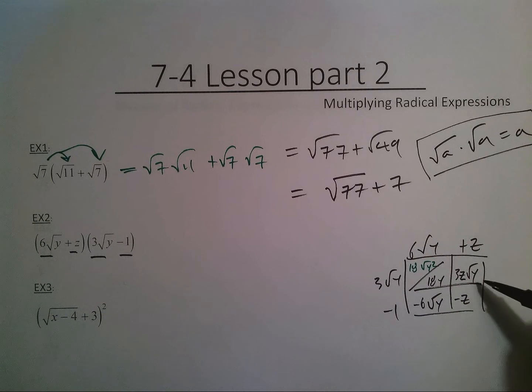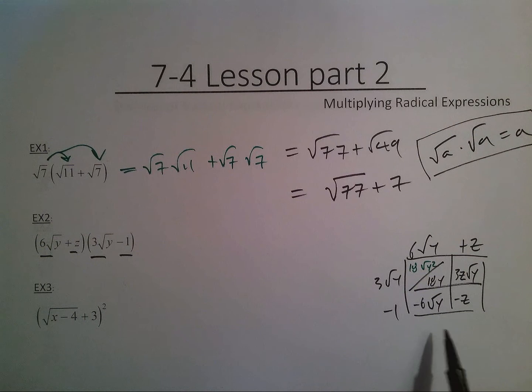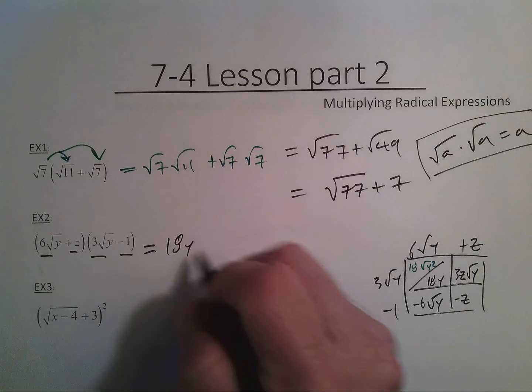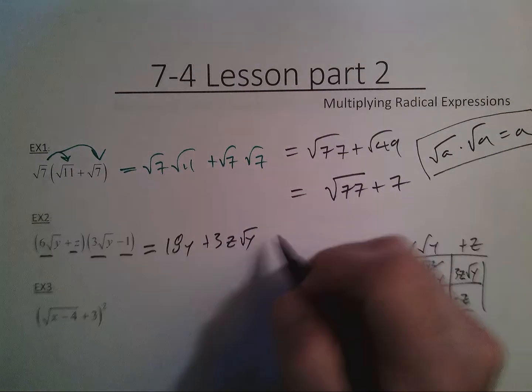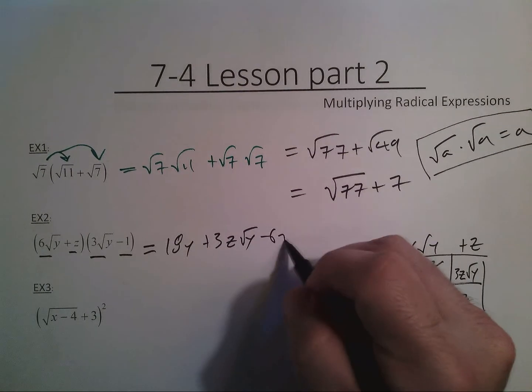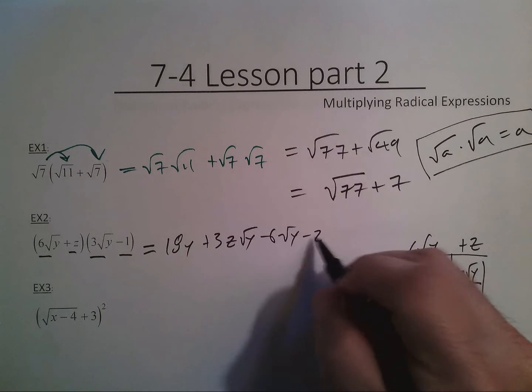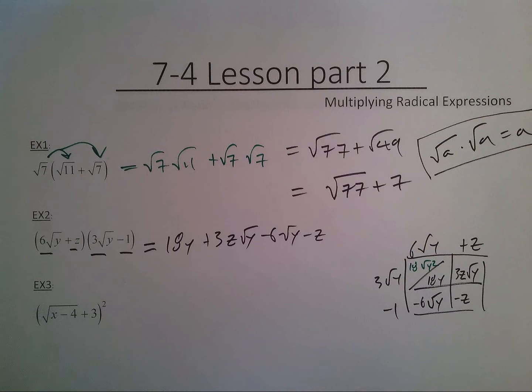This has a root y, but it's z root y, and my other term, negative 6 root y, is just a root y. So this can't be simplified anymore. I can't add up any of the terms. So it's just 18y plus 3z root y minus 6 root y minus z. And I can't combine anything, so I would stop there.